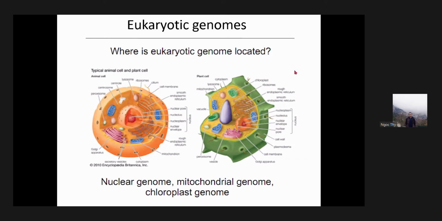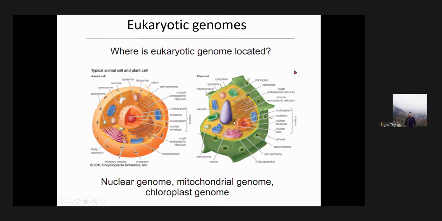Besides the nuclear genome, the eukaryotic cell has other genomes, which some scientists call the second genomes, located in the mitochondria and the chloroplast. As scientists started to sequence the genomes of eukaryotic cells, they found that special organelles like mitochondria and chloroplasts have their own DNA genomes.